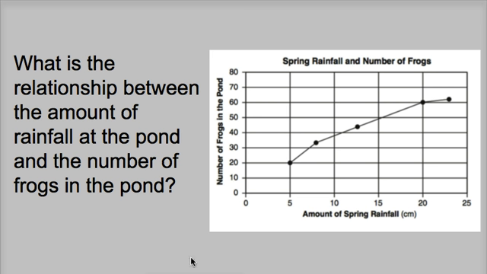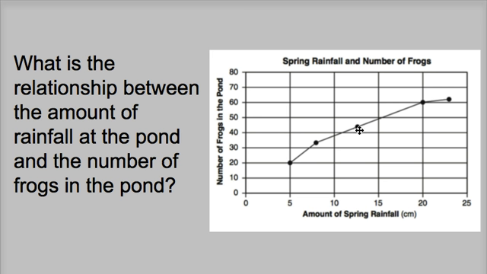So when I look at this, when there was 5 centimeters of rain, there were 20 frogs. When I look right here, it looks like there's about 8 centimeters of rain, and there are probably about 33 frogs found. And then this looks like it's about right in the middle, so we can even call it 12.5 centimeters of rain.